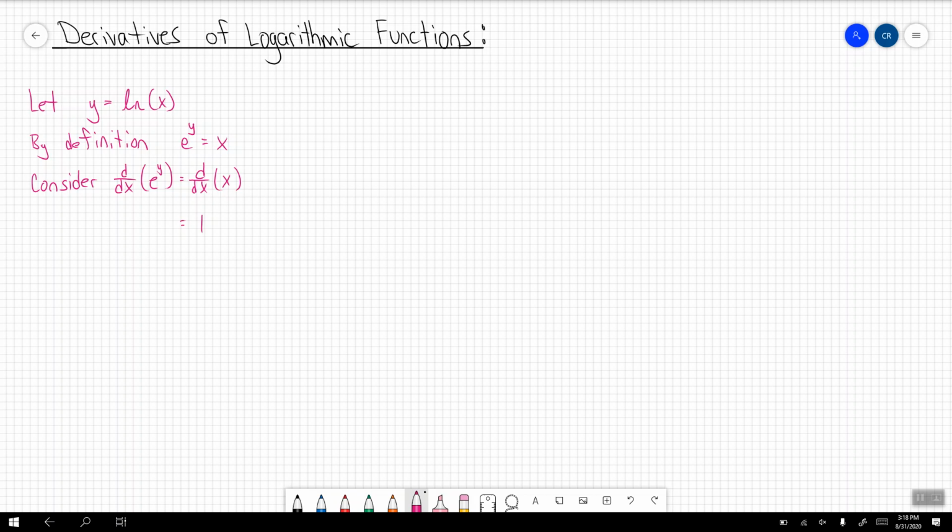If it's the derivative of e to the power of u, where u is a function of x, then we must use the chain rule to find that derivative. And that's exactly what we're going to do here. Since y initially is a function of x, when we take the derivative, it will be e to the y itself multiplied by the derivative with respect to x for my function y. In other words, multiplied by dy dx.